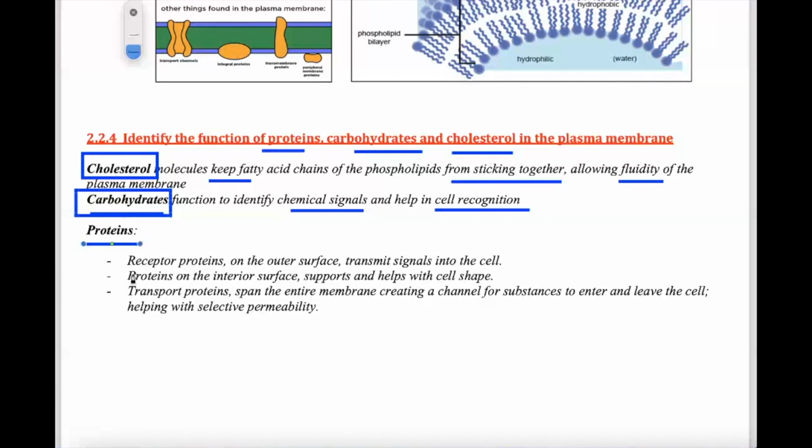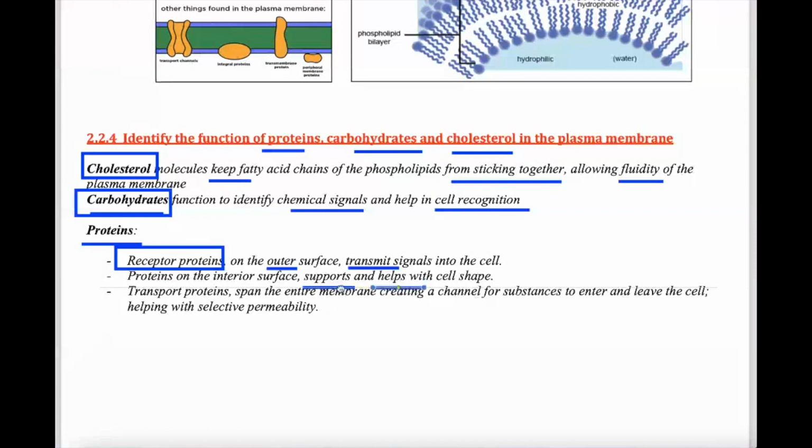And then we have proteins. We have three types of proteins. First, receptor proteins, which are only on the outer surface and help to transmit the signals. We have proteins on the interior which help in the support and the shape of the cell.